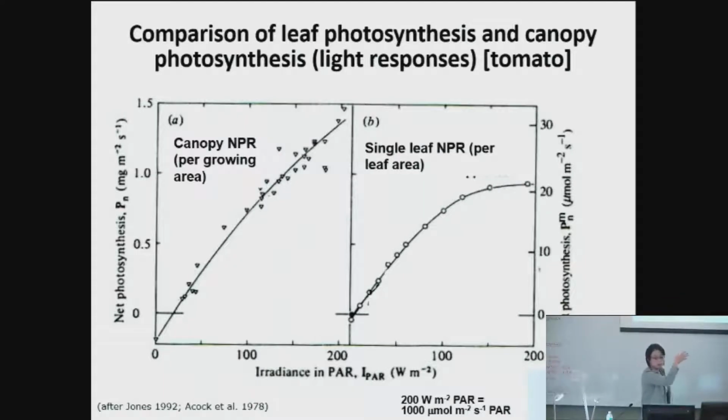So saturation happens at about 1,000 micromoles. And this is tomato data. But if you look at the canopy, the dense canopy like we just saw, it never saturates. Why? Did you come up with any reason why it doesn't saturate?